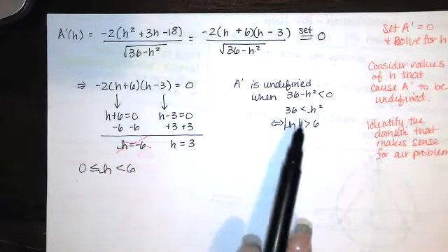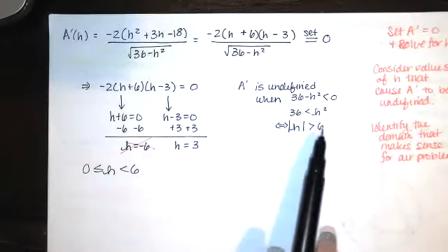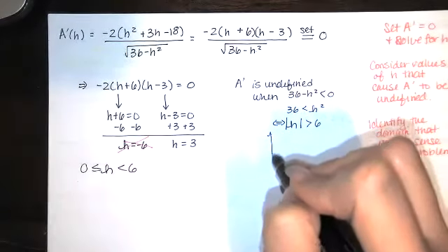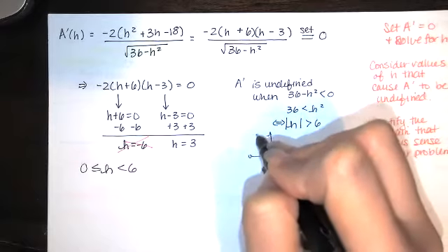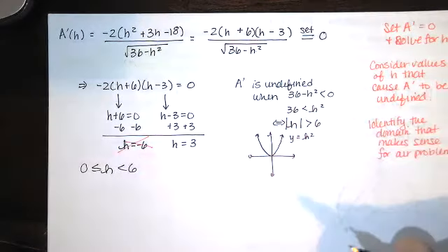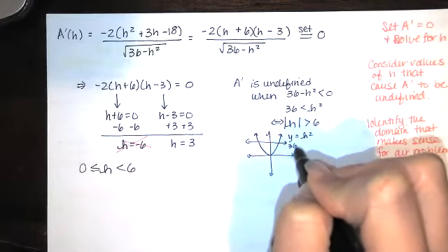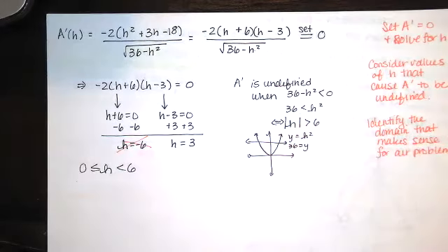And I'm not going to go into the details of that. If you want to talk about that, we can talk about why that's true. Just very briefly, here's what y equals h squared looks like if we're using h instead of x. Here's 36. Y equals 36.